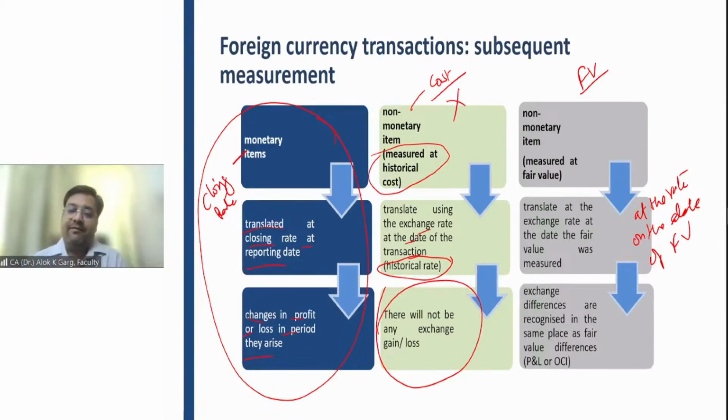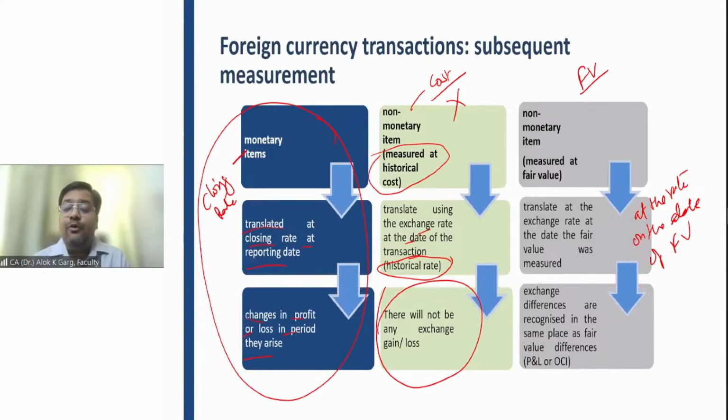Non-monetary item measured at fair value. If the non-monetary item is measured at fair value, for example, inventory is getting converted into cost or NRV, whichever is lower. PPE, a very classic example, has to be restated using the revaluation model. So in this case, what will happen?